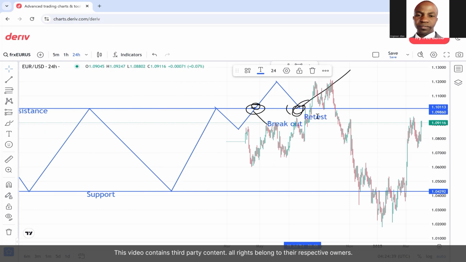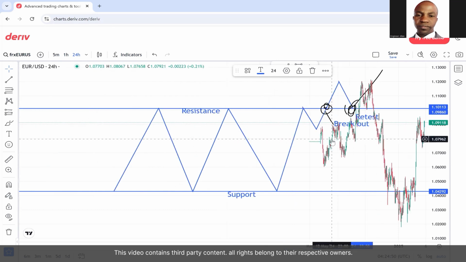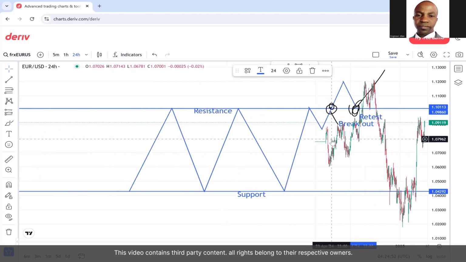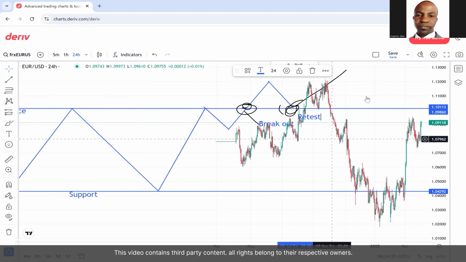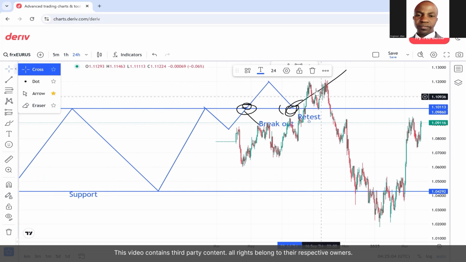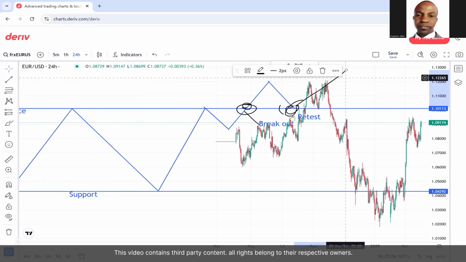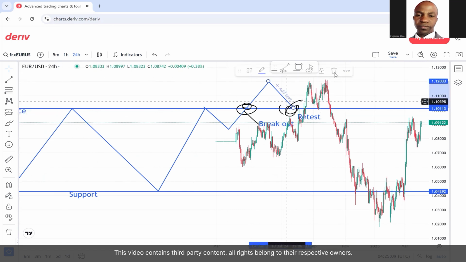The price breaks out of a particular range and then comes back to retest the zone, and then the price moves the other side. If say this market was to sell, then this is what happens in this particular circumstance.